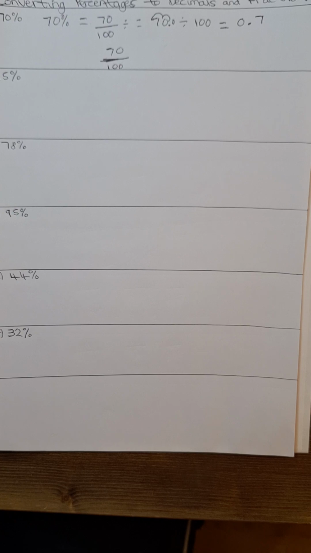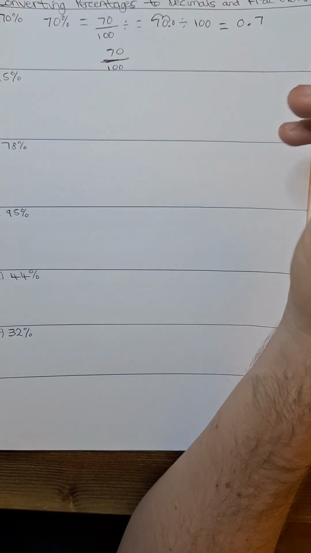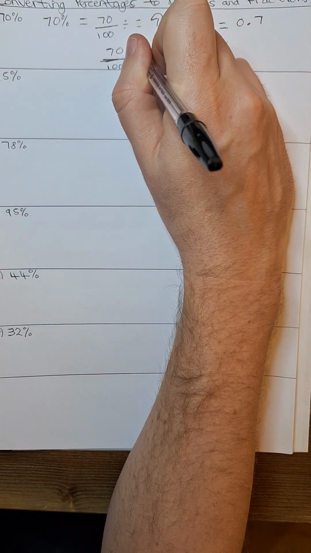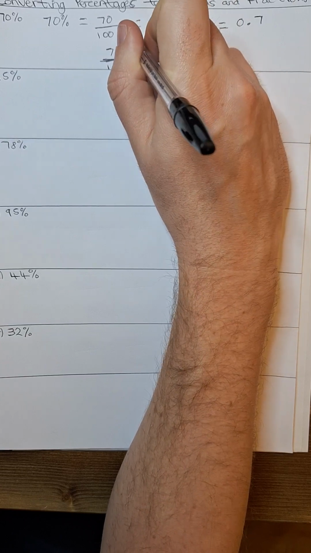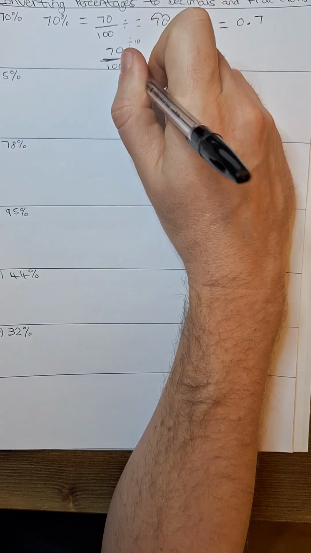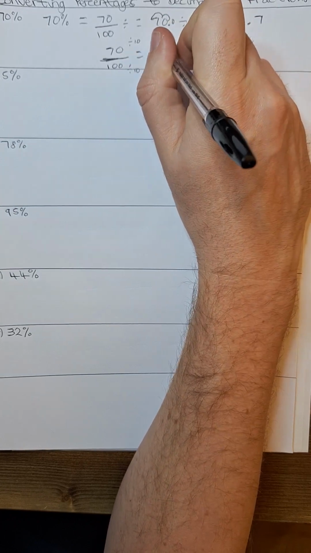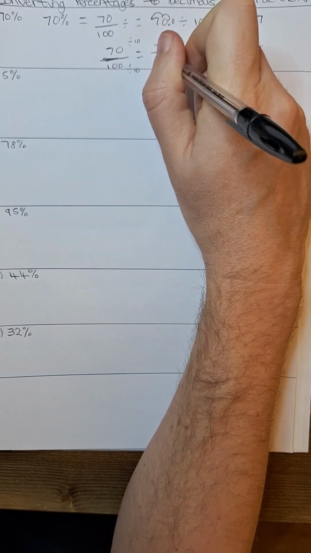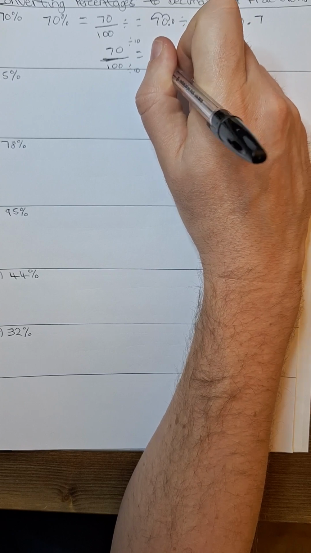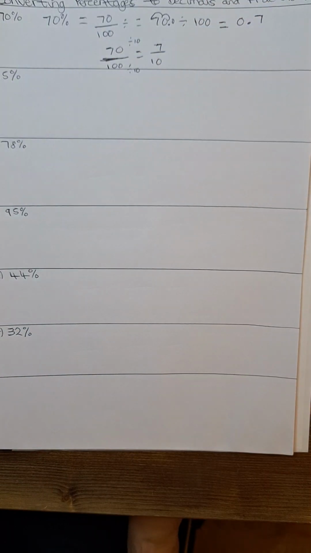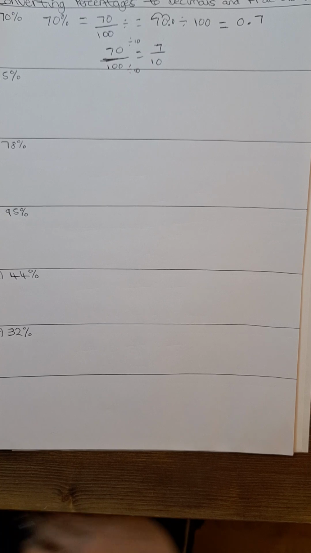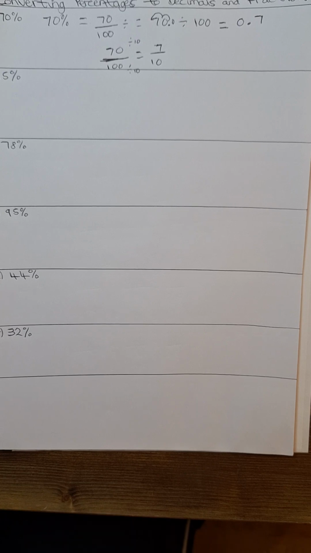So we're going to divide them both by 10. 70 divided by 10 equals 7, and 100 divided by 10 equals 10. So 7/10 is its simplest form. So 70% equals 0.7 as a decimal, and in its simplest form it's 7/10.